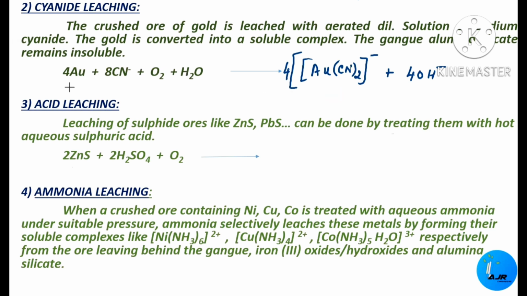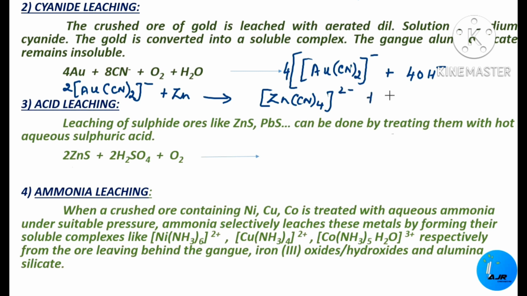So what happens is this Au(CN)2 minus is treated with zinc so that it forms the complex Zn(CN)4 2 minus plus 2Au. So elemental gold is obtained by this cyanide leaching process.